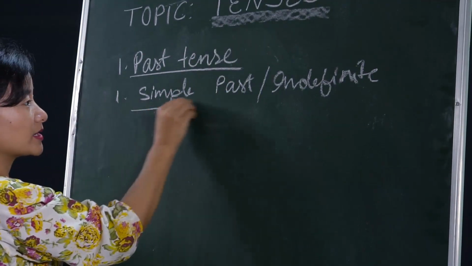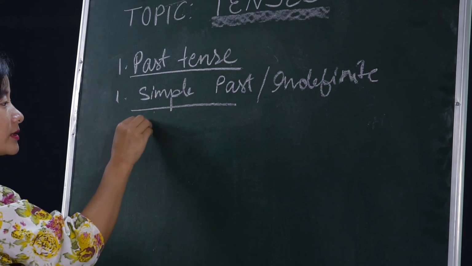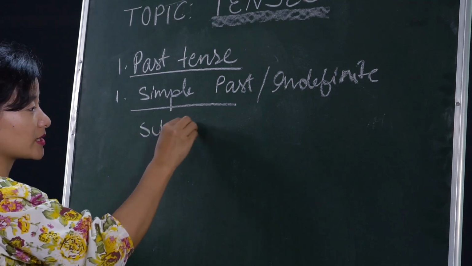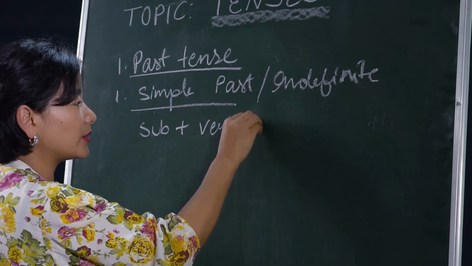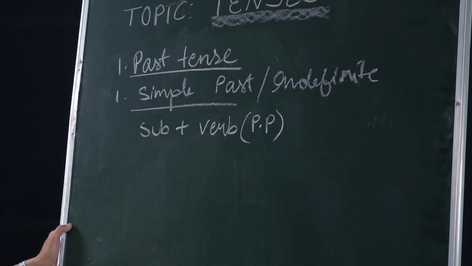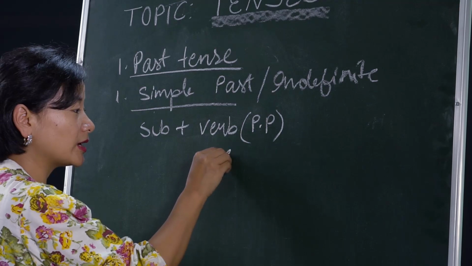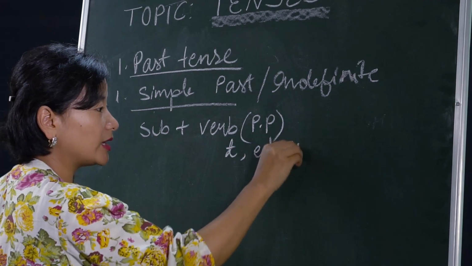Now, simple past, our structure would be subject plus verb, and the verb here would be in the past form. We will talk about that more. When we say the verb is in the past form, we usually add T or ED or even EN.